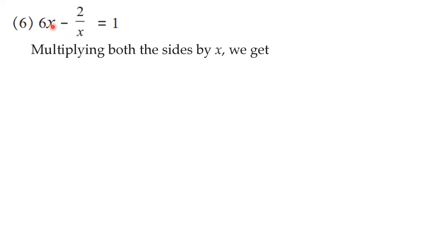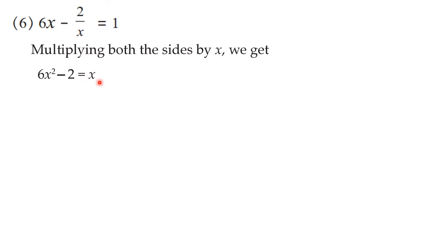When we multiply 6x by x, we get 6x square. When we multiply 2 upon x by x, x and x get cancelled and only 2 remains. And 1 into x is x. So you will get the equation 6x square minus 2 is equal to x. But still the equation is not in standard form.